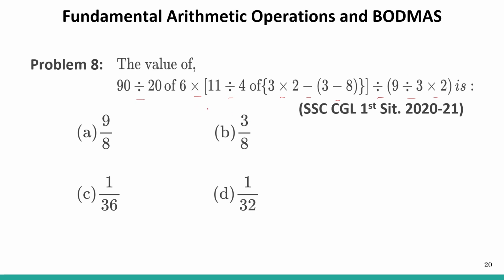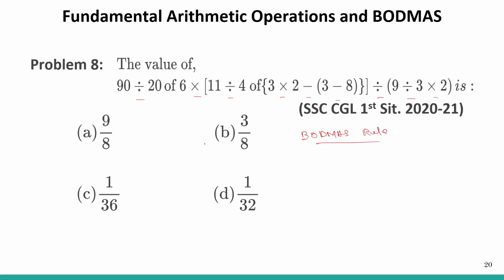So we need an order in order to simplify this term. The order comes from the BODMAS rule. This question appeared in the first sitting of 2020-21 SSC CGL, first sitting paper.